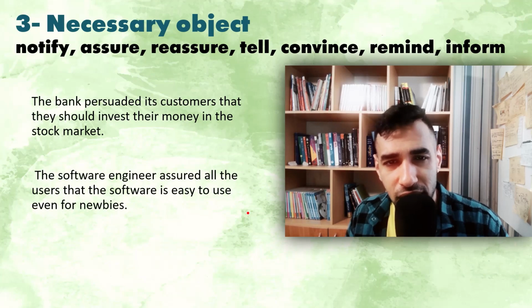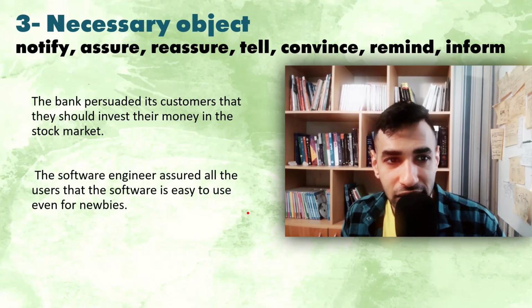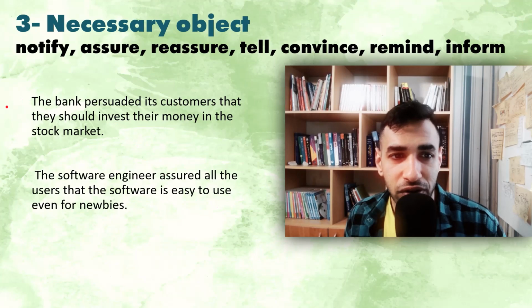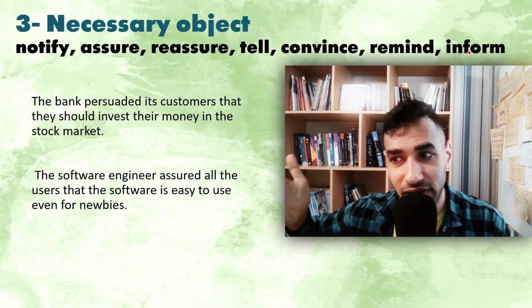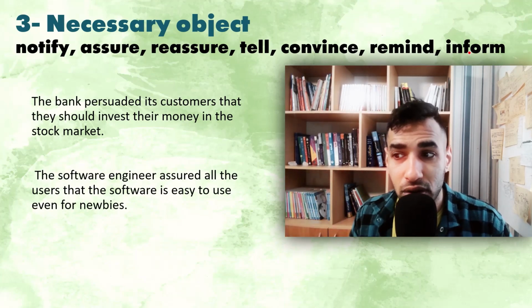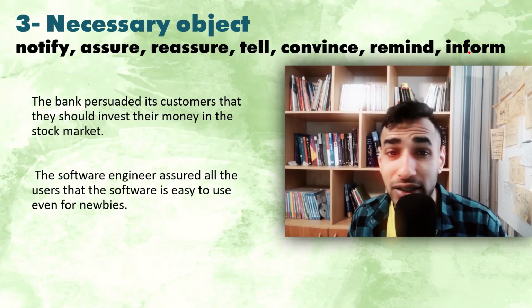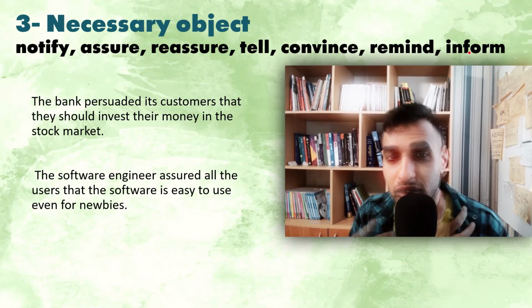With some words, an object is necessary. With notify, show, reassure, tell, convince, remind, inform. These verbs in the active form, not passive form, must come with an object before that clause. Before that clause. Pay attention to this.